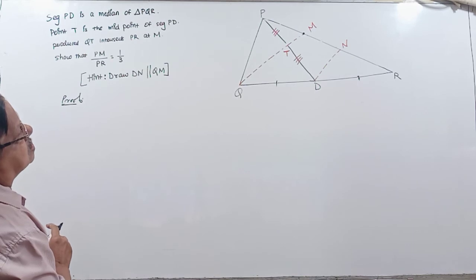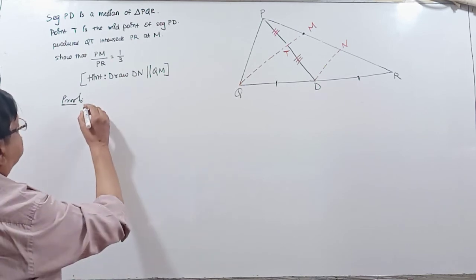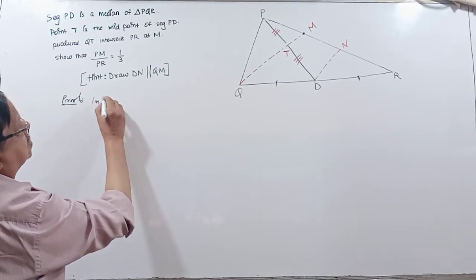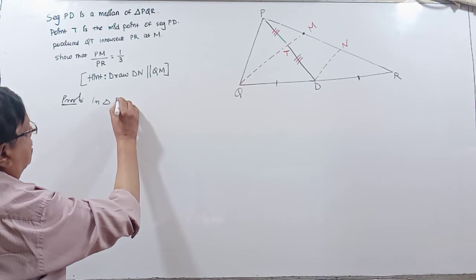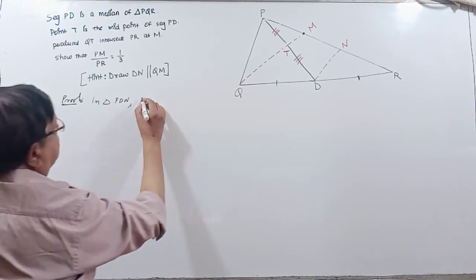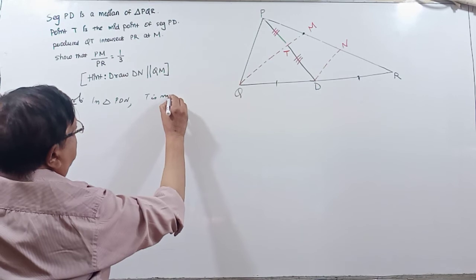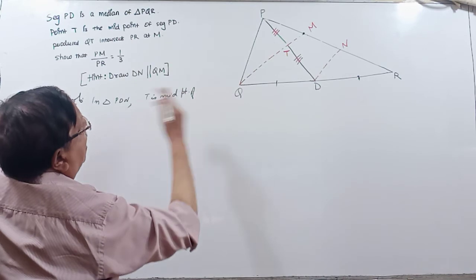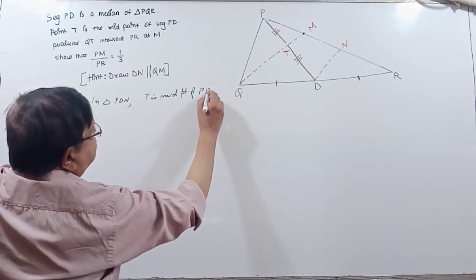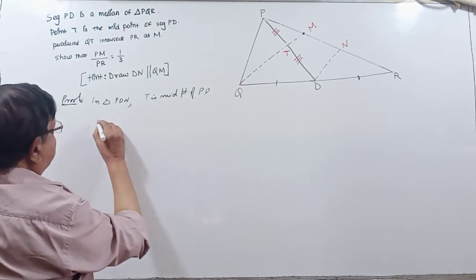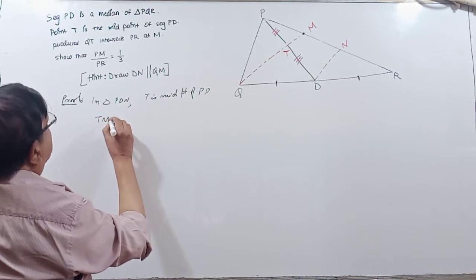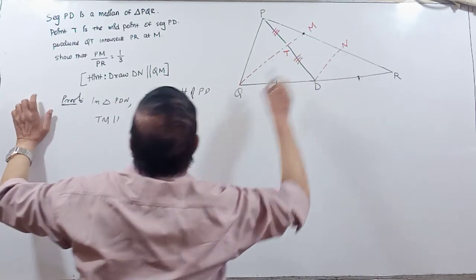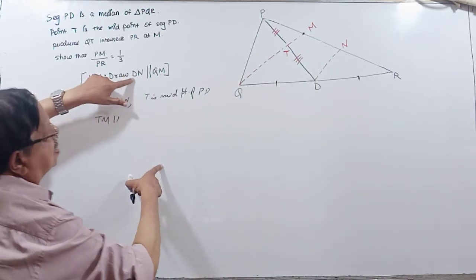In triangle PDN, T is midpoint of PD and TM is parallel to DN. इधर दिया है DN is parallel to PM.